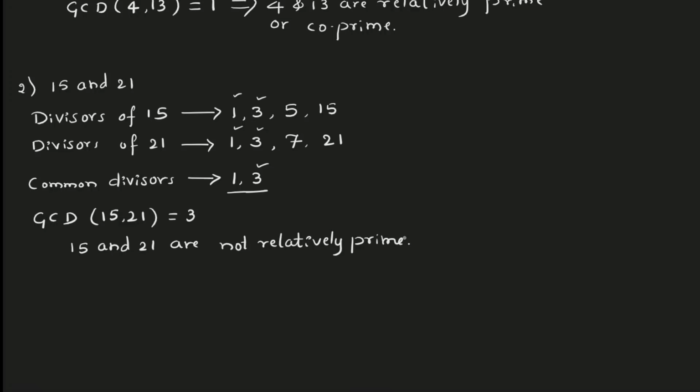Right? This is how, for two simple numbers, you can find the GCD and check whether they are relatively prime or co-prime or not.